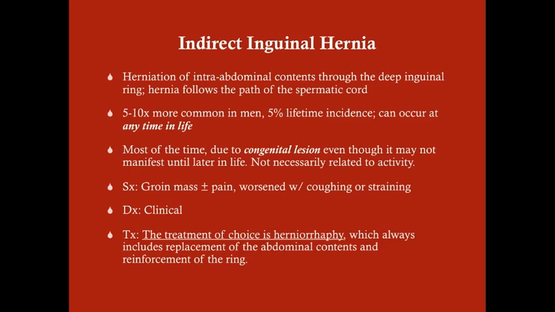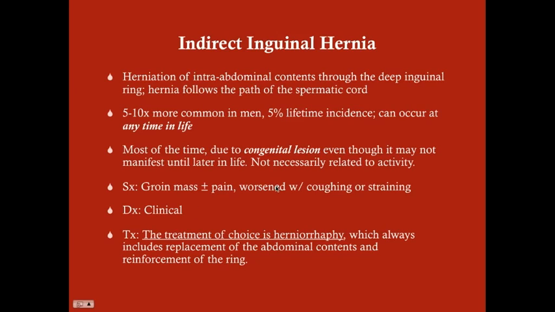And of course, there are other things that can be masses that are not hernias. So what we really look for when we're thinking of hernias is a mass that is worsened with coughing or straining or bearing down, or any of the other words you want to use for increasing intra-abdominal pressure. If it doesn't, then perhaps it might not be a hernia.